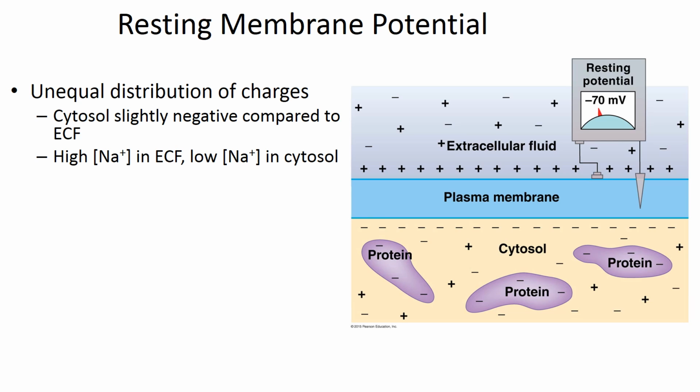In general, there is a high concentration of sodium in the extracellular fluid and a low concentration of sodium in the intracellular fluid or cytosol. This difference in ion distribution contributes to the resting membrane potential of a cell and is maintained by the sodium-potassium pump. You will learn more about the sodium-potassium pump when we study the nervous system in chapter 12.